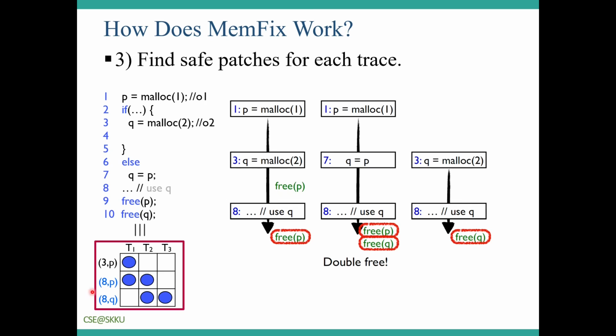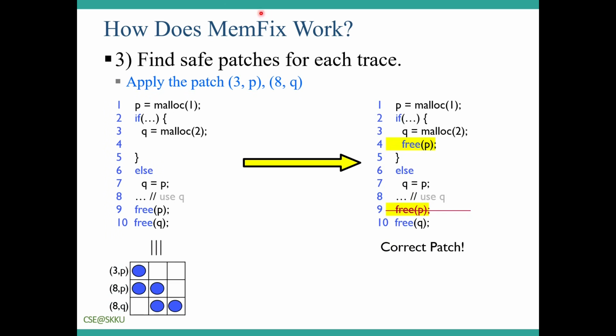Moreover, this choice would introduce a double free error, since both P and Q may refer to the same object at runtime and be deallocated at the same point. So this is a double free error. By applying the solution to the exact cover problem, MemFix generates a correct patch that removes the double free error without introducing any new bugs.